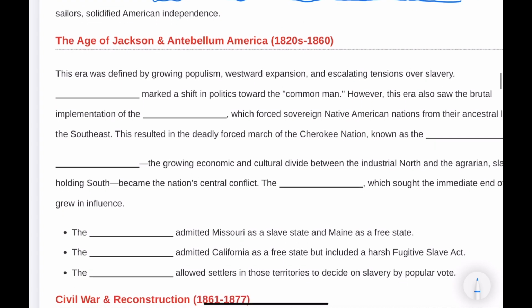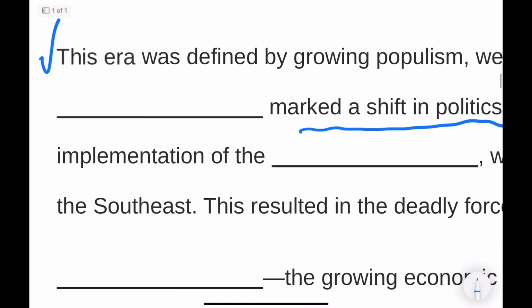Here we go. This era was defined by growing populism, westward expansion, and escalating tensions over slavery. Next up, we have this blank, which marked a shift in politics toward the common man. And what that was called is the Jacksonian democracy.